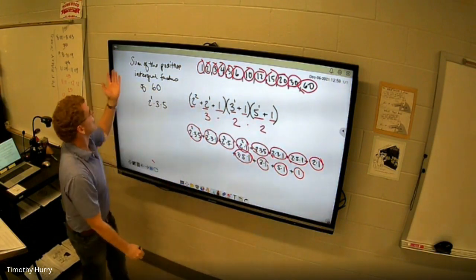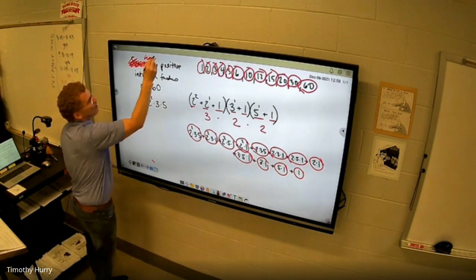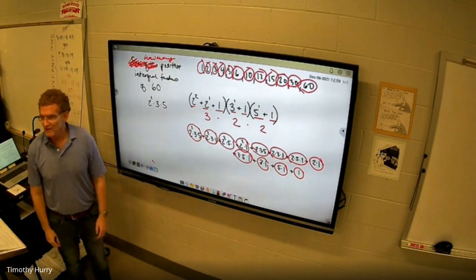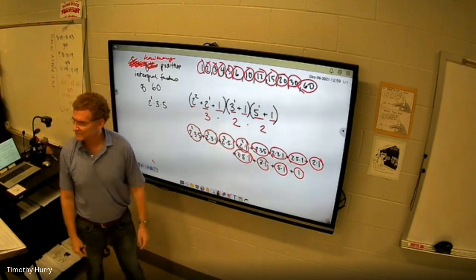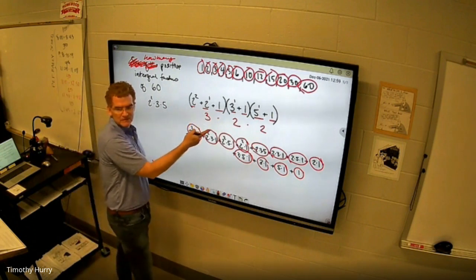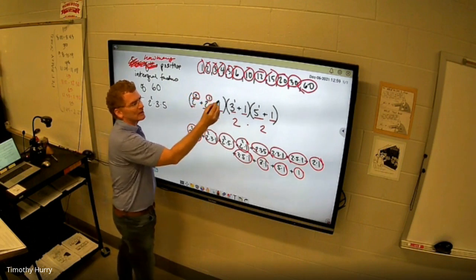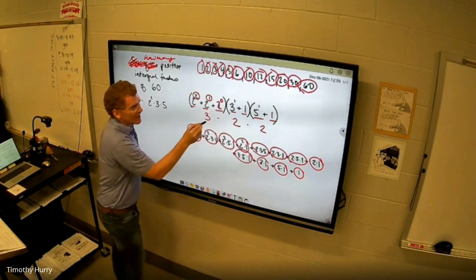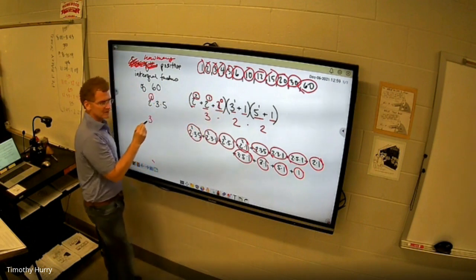Well, if I say not the sum of, but if I say how many positive integral factors are there, where does that 3, 2, 1 come from? Think about it. Why were there 3 here? Because I started with 2 and went to 1 and then 2 to the 0, right? So that 3 is just 1 higher than that.